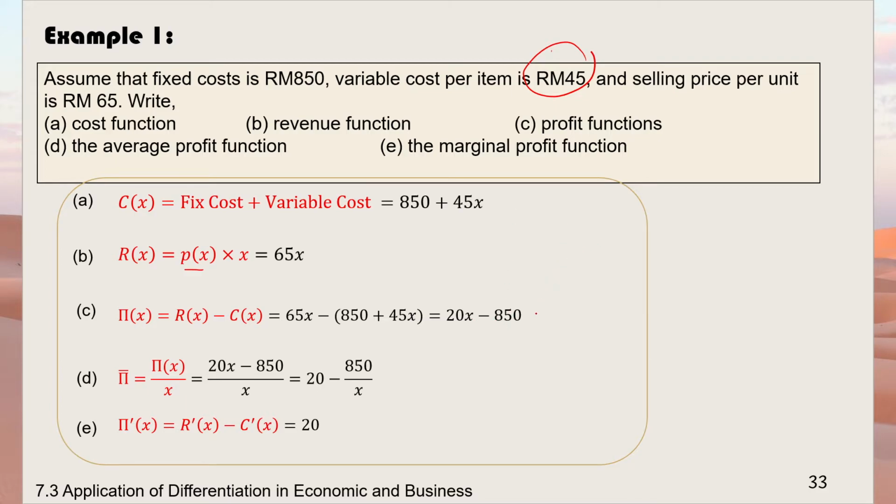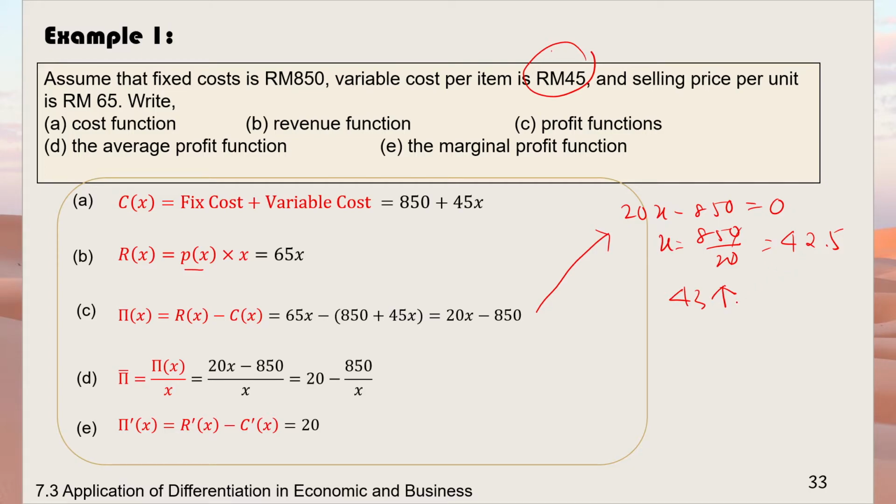From here, you need to know that if 20x minus 850 equals 0, then x is 850 divided by 20, so it's 42.5. So it means I need to sell at least 43 and above to earn money.